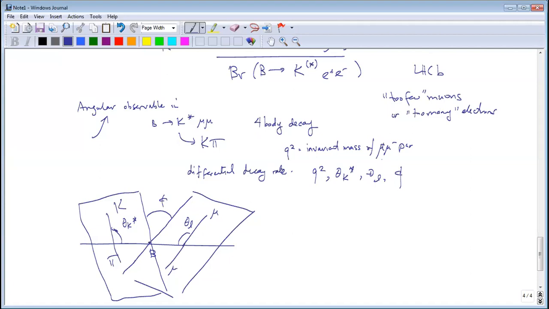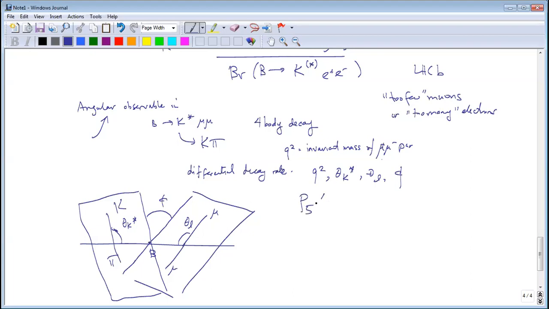And so what people have very cleverly done, and this is a long story about which I'm really not qualified to comment in detail on methodology, is to come up with an optimized set of angular observables when you expand out this differential decay rate in terms of these angular functions. You want to optimize the angular observables to minimize your hadronic uncertainties, which is a non-trivial business, okay? A particular one of these variables is something called P5 prime.